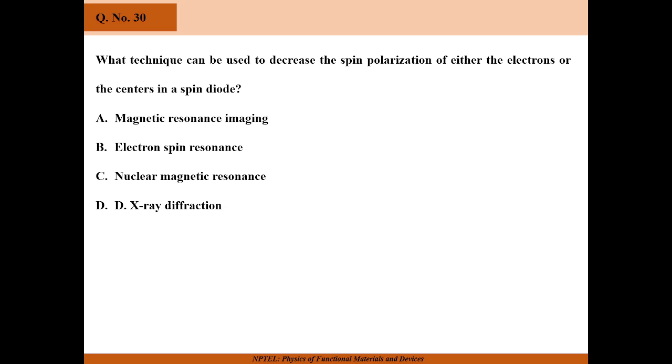What technique can be used to decrease the spin polarization of either electrons or the centers of a spin diode?